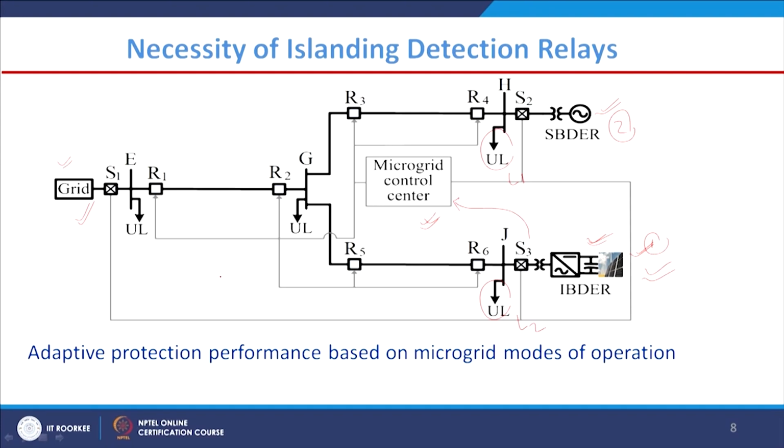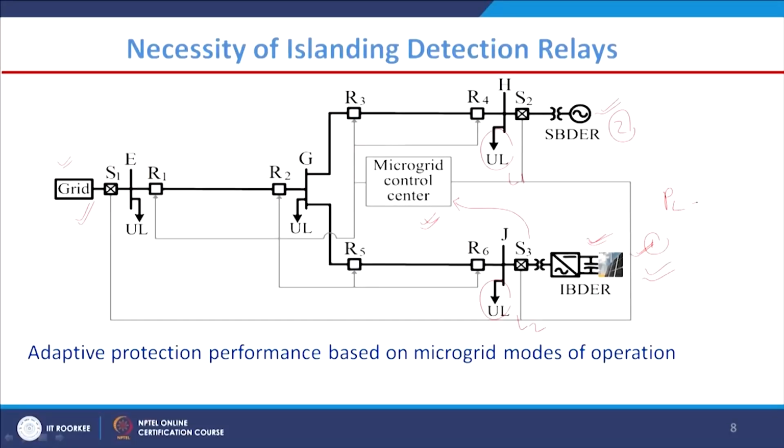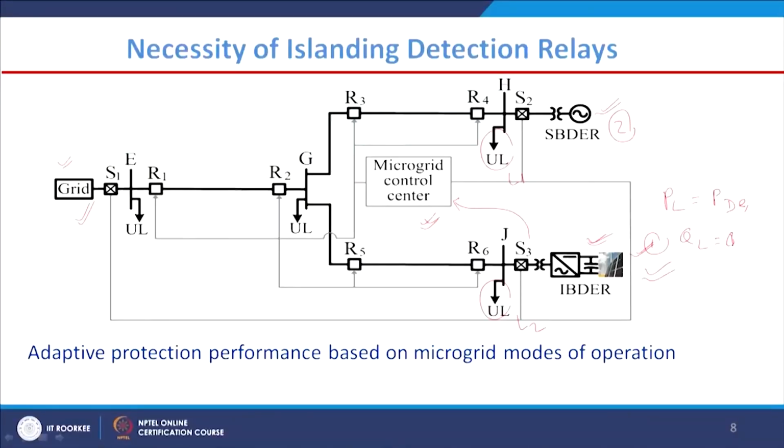It does not mean that during the islanding mode of operation this P load is equal to PDG, not necessary. That particular condition is known as power mismatch condition, whether my QL is equal to QDG or my P load is equal to PDG.